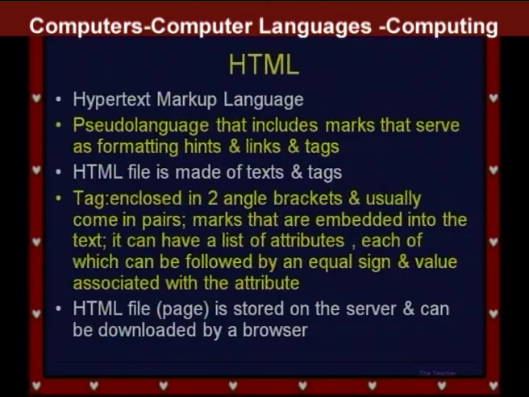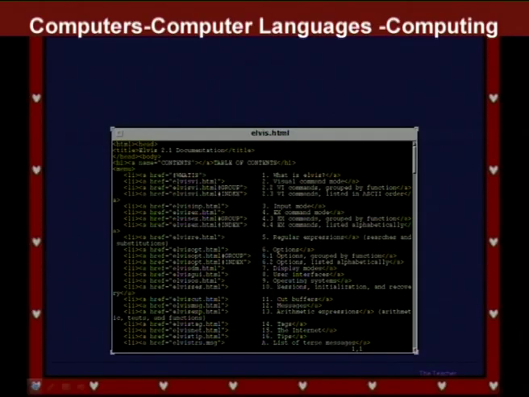As we discussed, HTML is a tag. A set of tags, a pair of opening and closing angular braces, is called HTML language. This is how HTML language looks like.